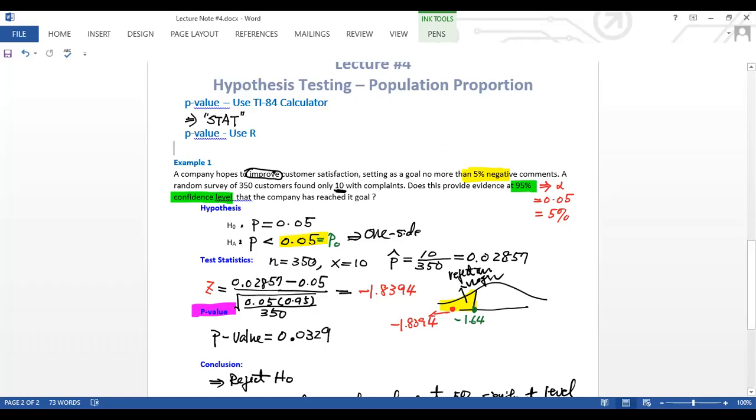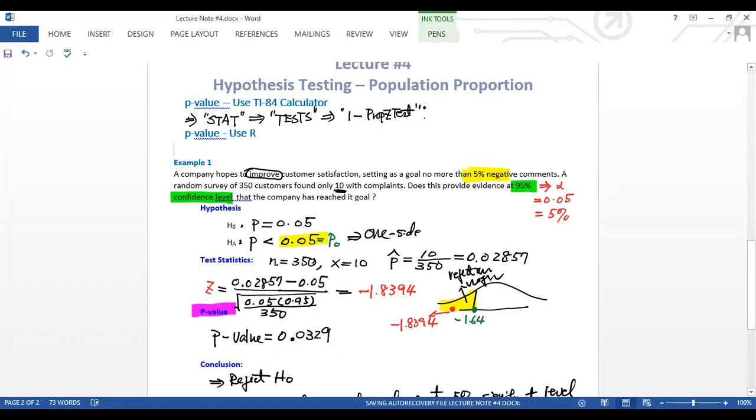After STAT, which function do you go down to? You go to TESTS, right? Then after tests, which one do you choose here? You choose 1-PropZTest, right?